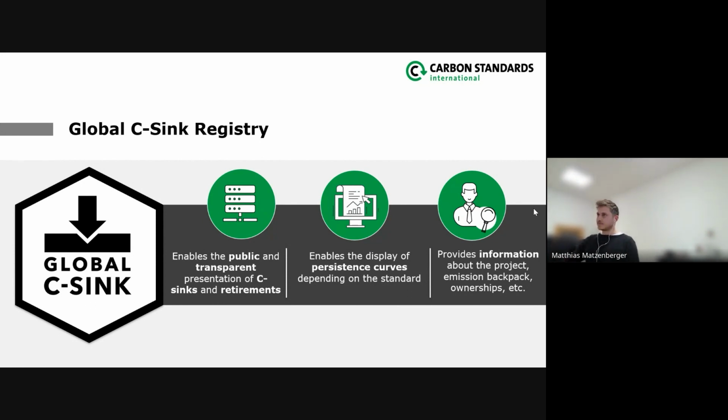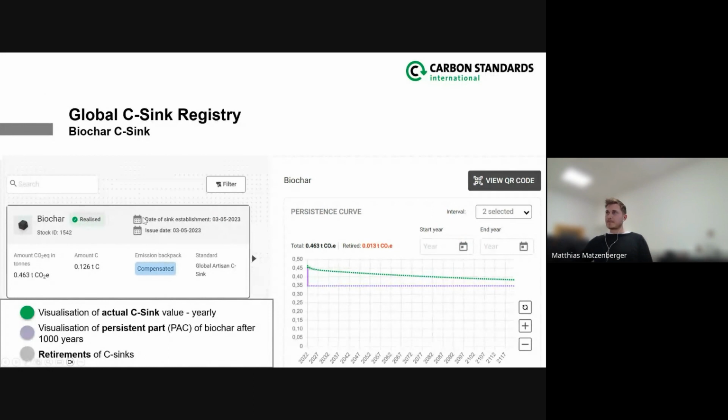Now what we can see here is a screenshot out of the registry, and we have a biochar C-sink. For example, in this specific case, we have 0.46 tons CO2 equivalent, which is applied into the soil with biochar.